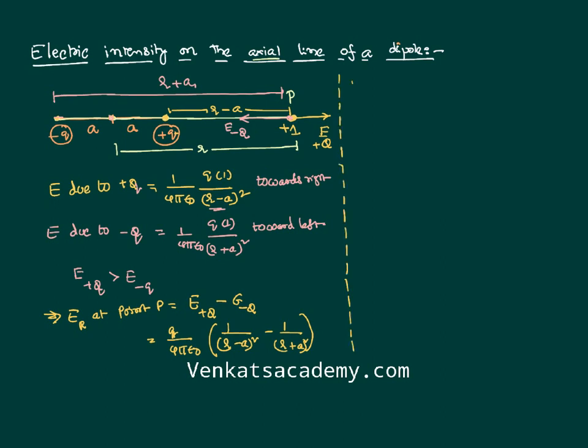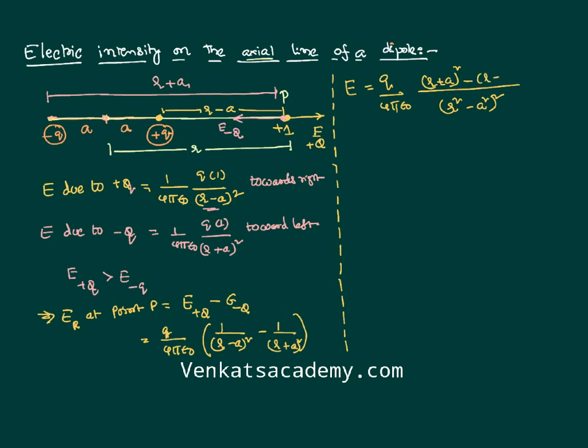So E resultant is equal to Q by 4 pi epsilon naught times, with the denominator written as (R square minus A square) whole square. The first term will be (R plus A) whole square minus the second term (R minus A) whole square.